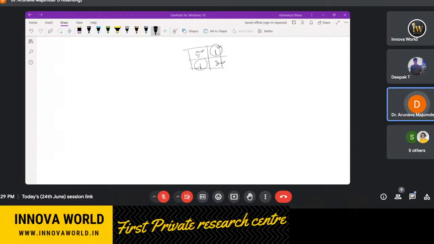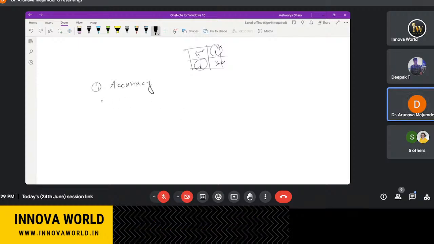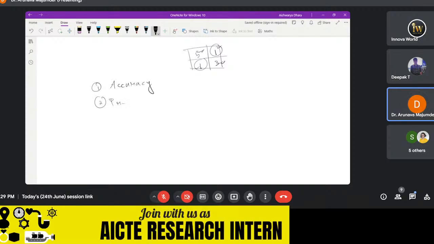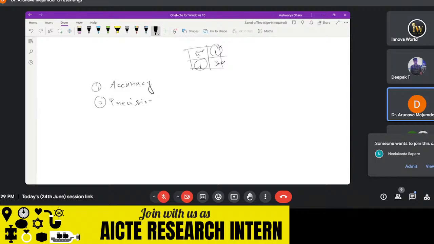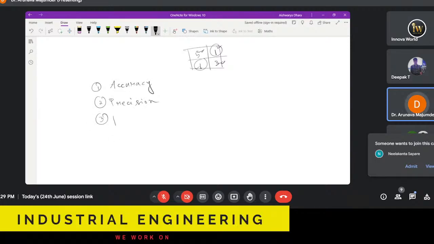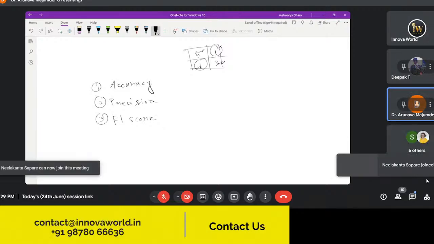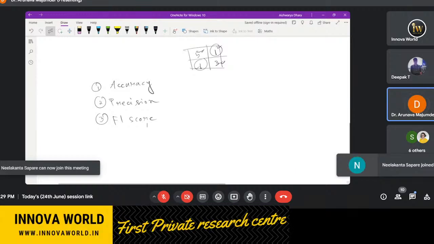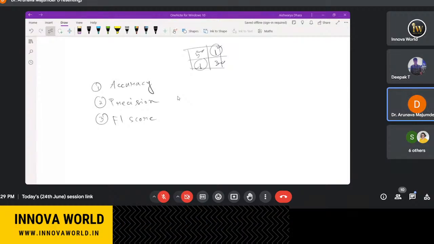The calculations are: first, accuracy; precision; F1 score; and the other things are recall and specificity.